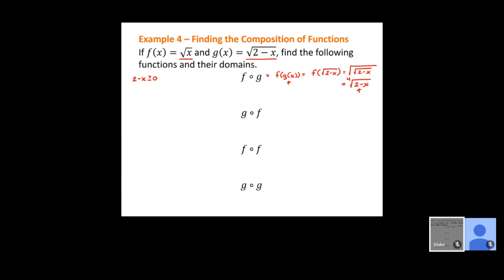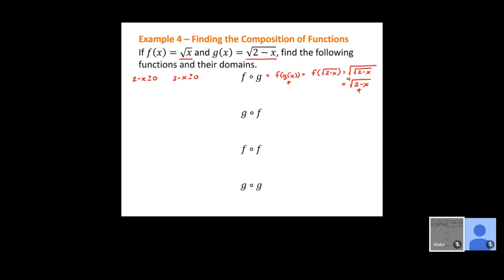Same thing, right? In this case, the 2 minus x is inside of a square root. So we would get 2 minus x must be greater than or equal to 0 for that one also. So we really only need to solve one of them, because they're going to be the same restriction. But you'll see on some of these other ones, we don't get the same restriction and we need to include both. This one works out to be the same.